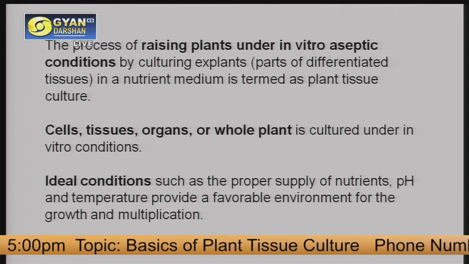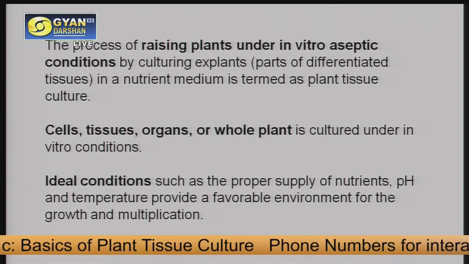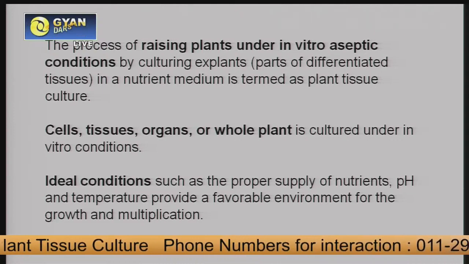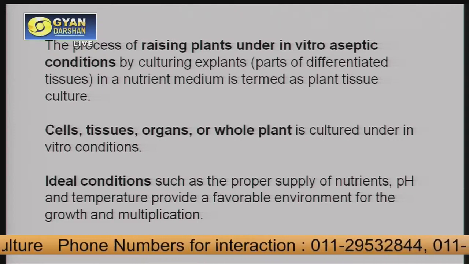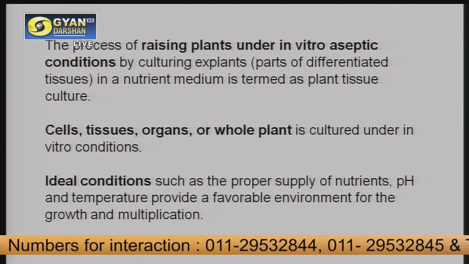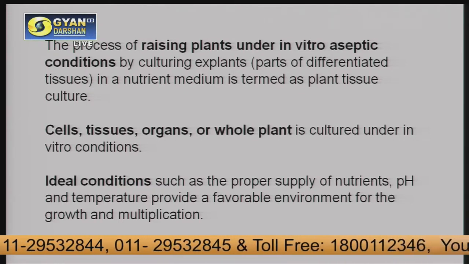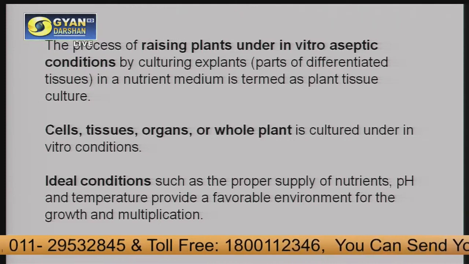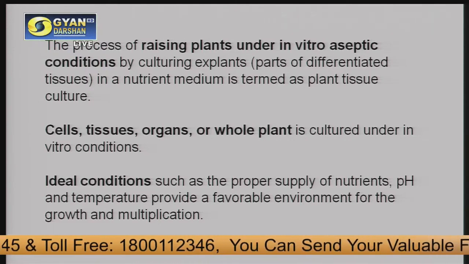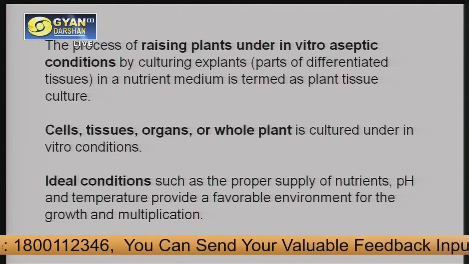So there are different questions that come to mind now. Number one, which are the cells or tissues or organs that we are going to use? Number two, what would be the composition of the culture medium, that is, the artificial or synthetic medium where you want to grow the plant cells?